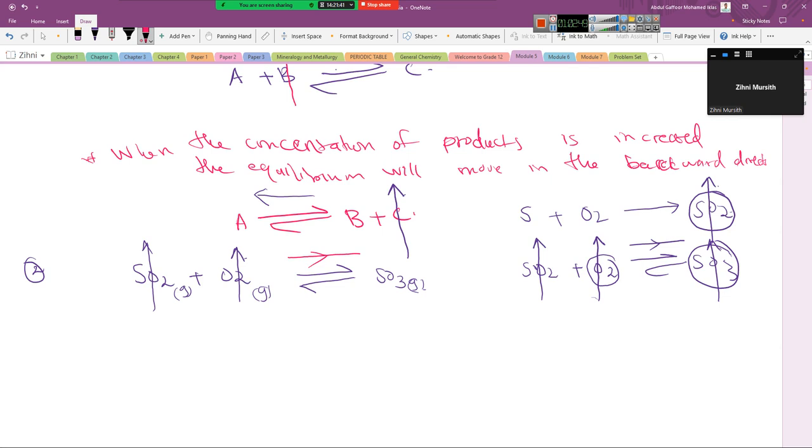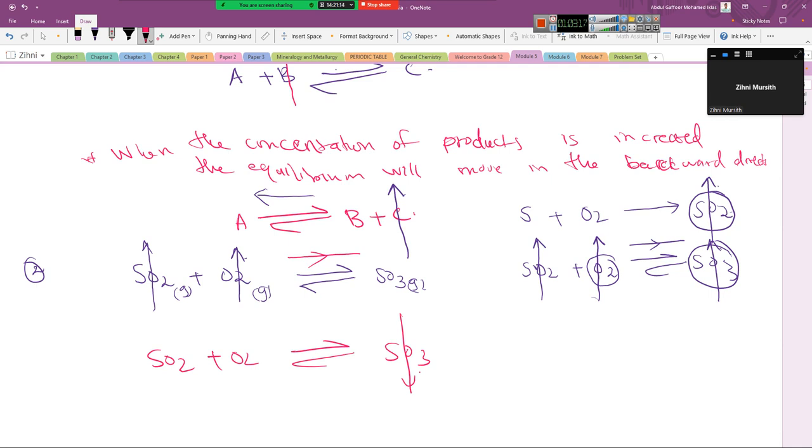SO3 is made to react with H2O in order to produce H2SO4. So the concentration of SO3 is reducing. Can you understand why? Because the produced SO3 is again reacting with H2O, which means we are removing SO3.